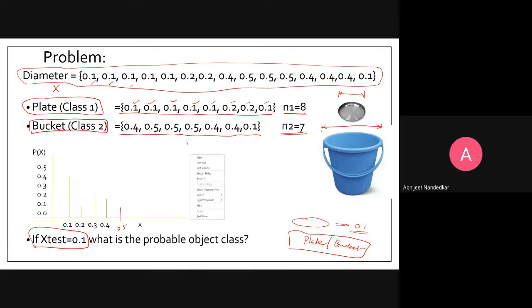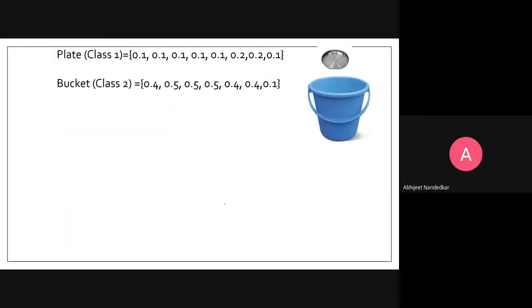Now we again use the famous Bayes rule to solve this problem. What is the probability of the measurement X given omega 1? This is 6 by 8. Here the measurement is X equal to 0.1.